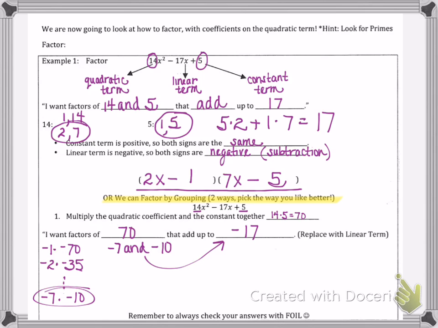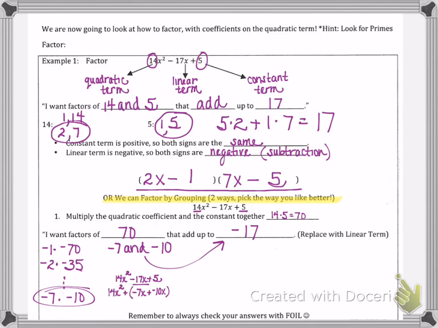So what we're going to do is rewrite the problem, but replace the middle term. So this is the original problem, 14x squared minus 17x plus 5. We're going to replace that negative 17x with the two factors that we talked about that add up to that. So we talked about a negative 7x and a negative 10x.